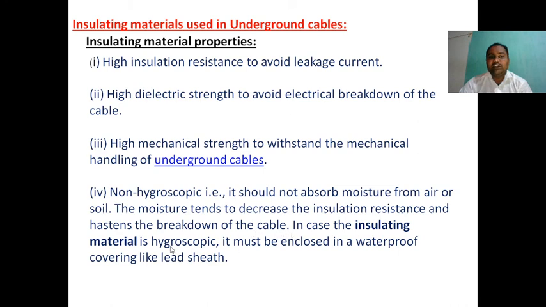If the insulating material is hygroscopic, it must be enclosed in a waterproof covering like a lead sheath. Underground cables have more chances of contact with water, because in rainy conditions the earth absorbs water, so the cable must withstand rainy or heat conditions.